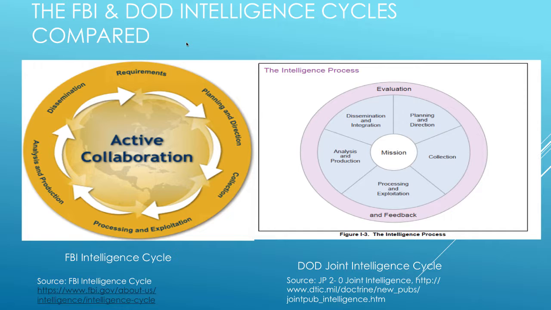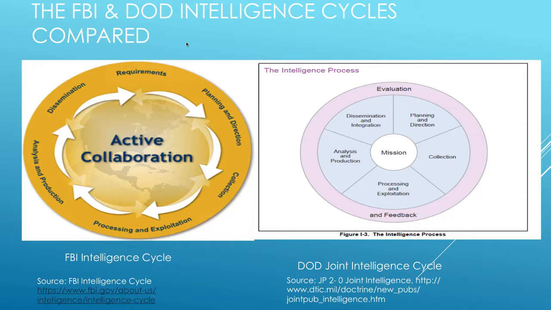In particular, law enforcement and DoD are both involved when there's a terrorist incident and in the ongoing efforts to minimize the impact of terrorist incidents here in the United States and abroad.